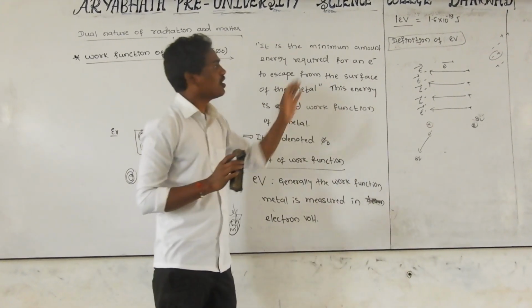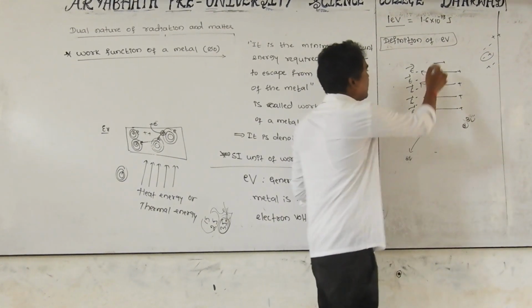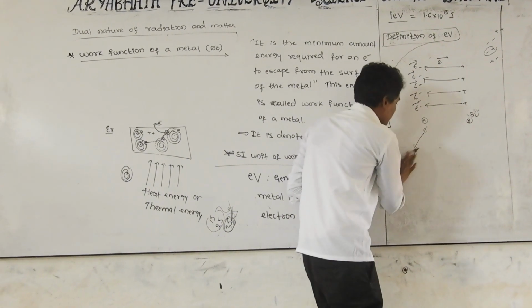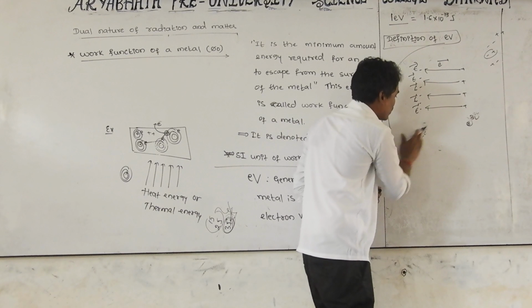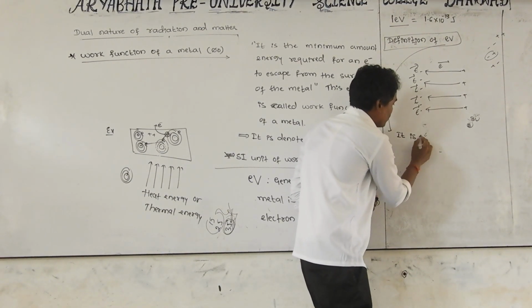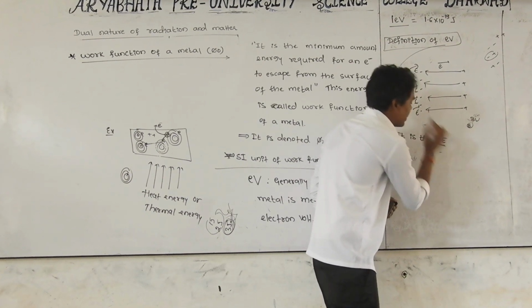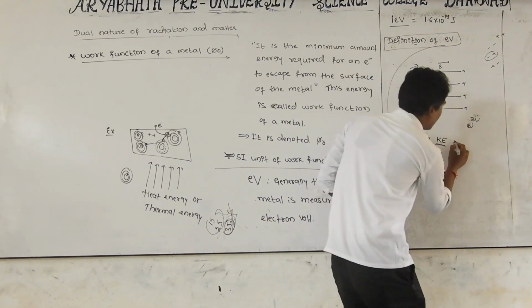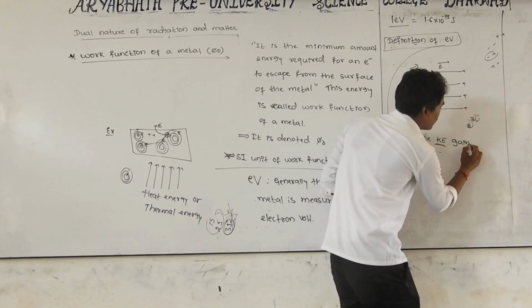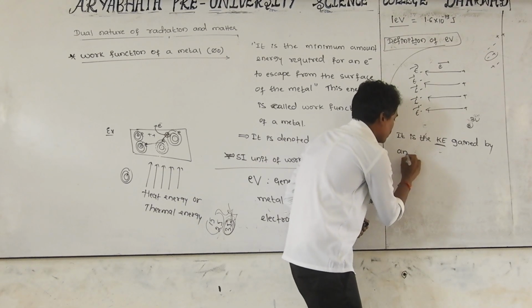In order to define 1 electron volt, it can be defined as the kinetic energy gained by an electron.